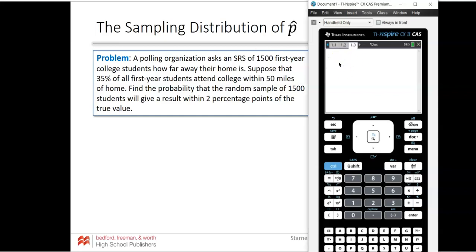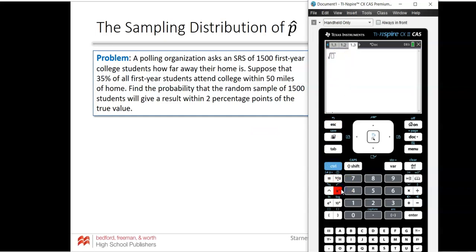If it passes the less than 10% condition, so they sampled 1,500 folks, and we're assuming there were more than 15,000 first-year college students. That's safe to assume. So it passes the less than 10% condition, so we can do standard deviation here.